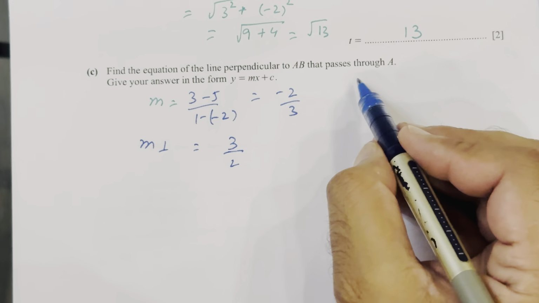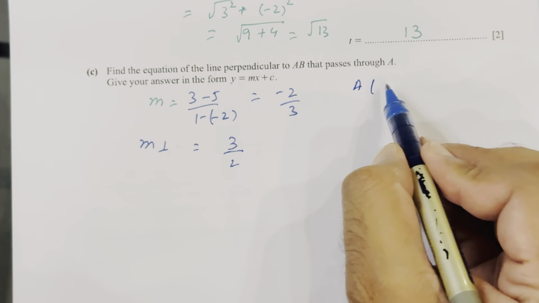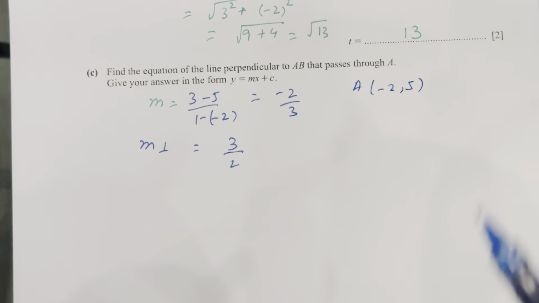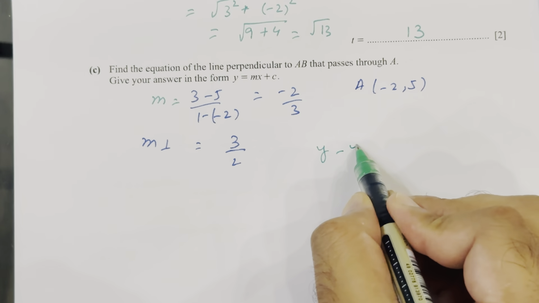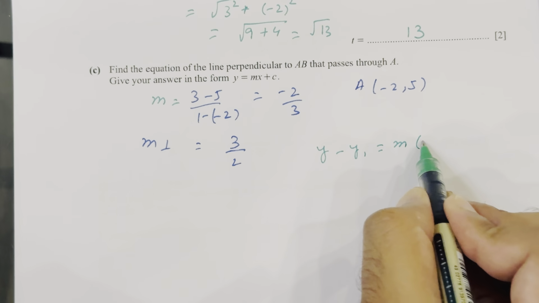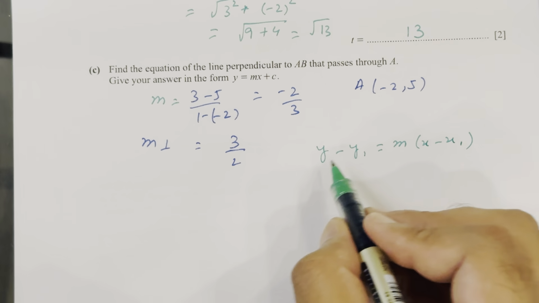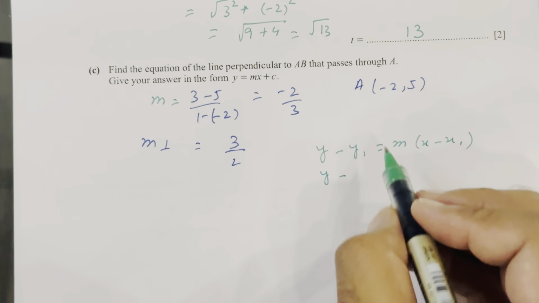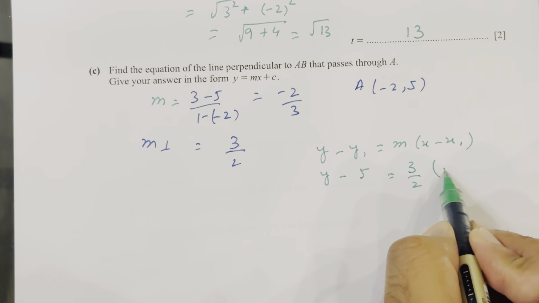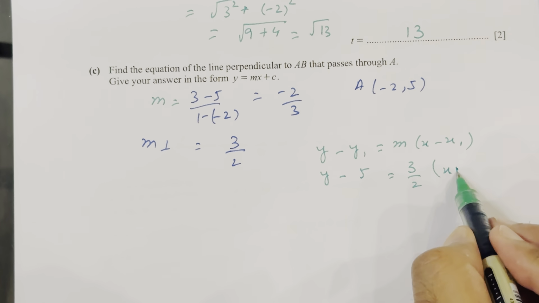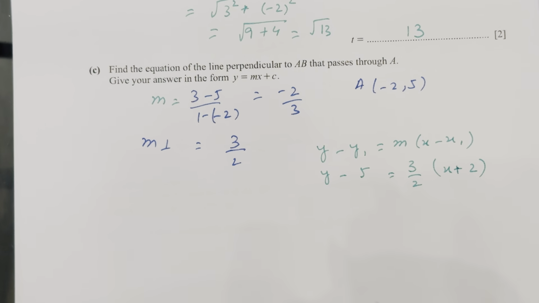And we know that the point A is equal to (minus 2, 5). So we're going to apply these two values in this formula. y minus y1 is equal to m into (x minus x1). So the value of y is y minus 5, and this would be 3 by 2 into (x plus 2).